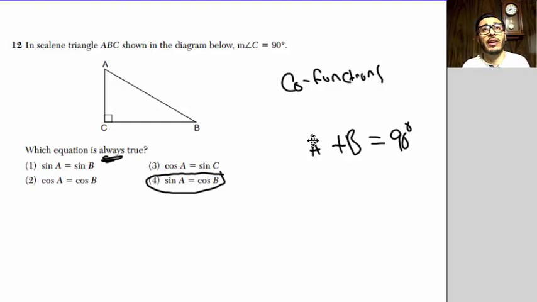Tangent and cotangent are also cofunctions. Secant and cosecant. You don't have to worry about the tangent and cotangent, secant and cosecant. I don't believe that's part of the curriculum. You just have to know sine and cosine are cofunctions. And as long as A and B add up to 90, this will always be true.